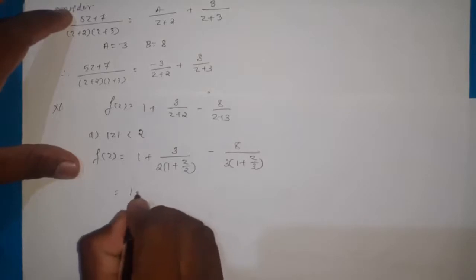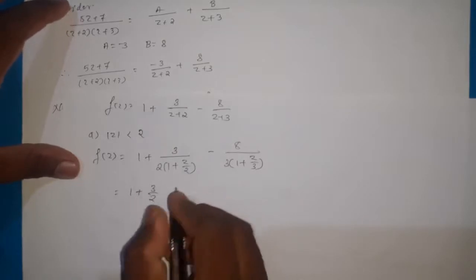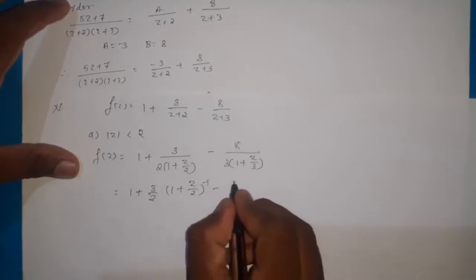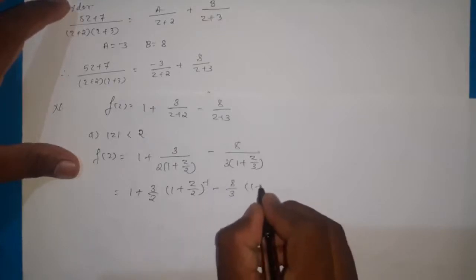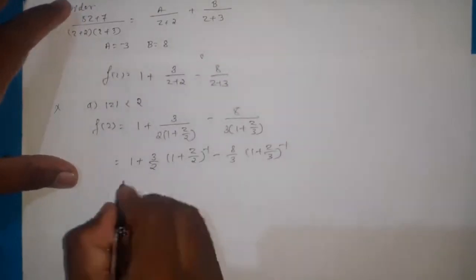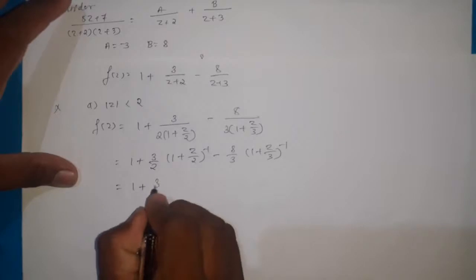Then it is equal to 1 plus 3 by 2 (1 plus z by 2) whole power minus 1, minus 8 by 3 (1 plus z by 3) whole power minus 1. Then it is 1 plus 3 by 2.